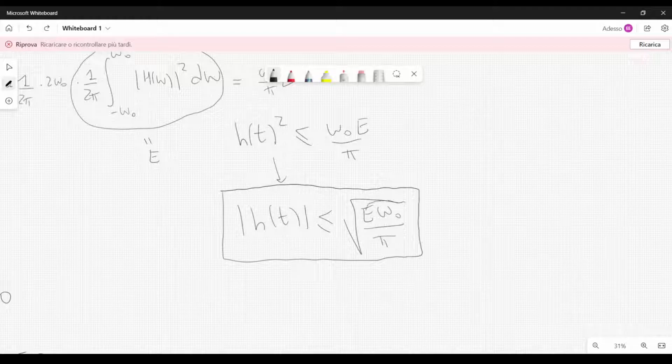Because if the bandwidth grows larger and larger, and therefore goes to infinity, h of t is not bounded. But if we have a band limited system, the single values of h of t cannot exceed the square root. And this is an interesting result in the theory of signals.